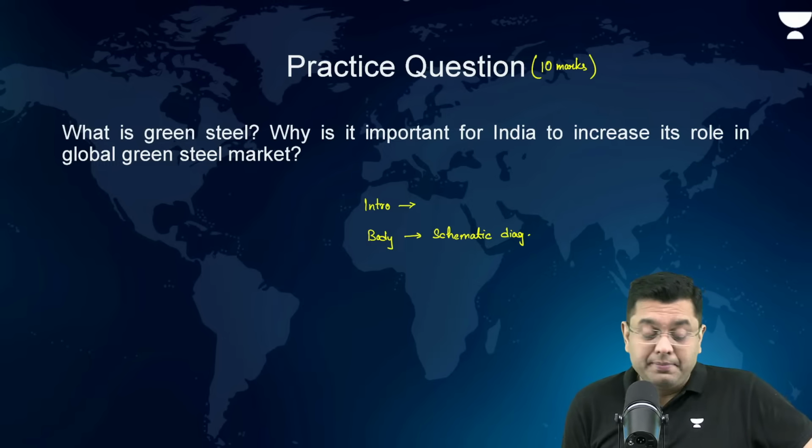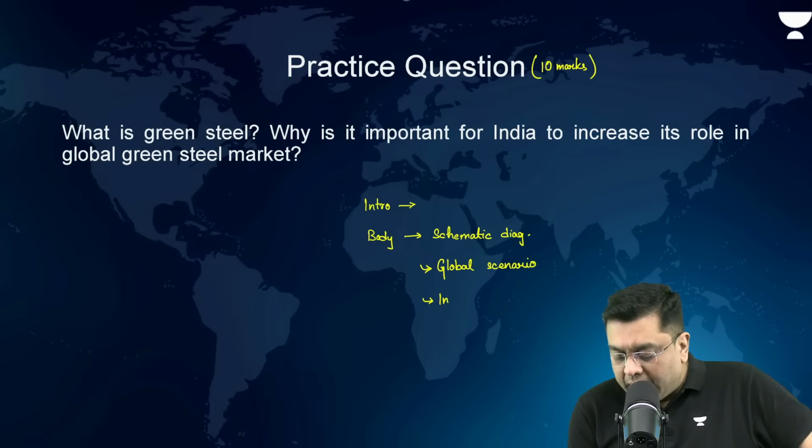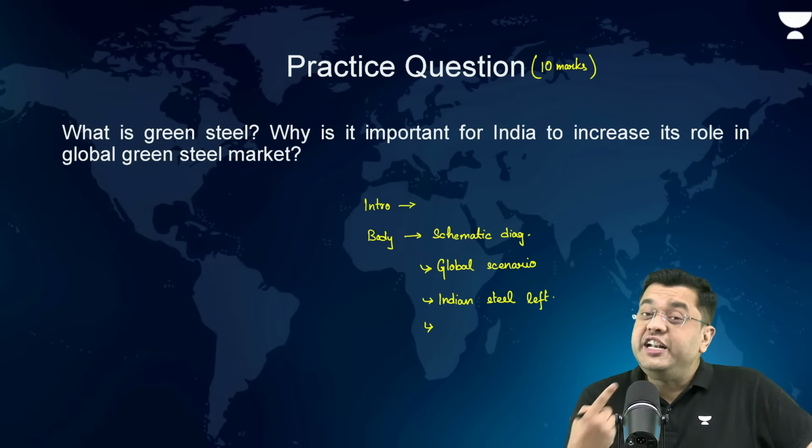That is because when we talk about India, we have to mention the global scenario, right? Then you have to talk about Indian steel being uncompetitive, Indian steel being left out, and then also the impact on GDP.